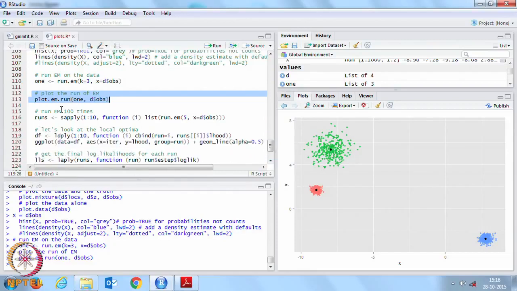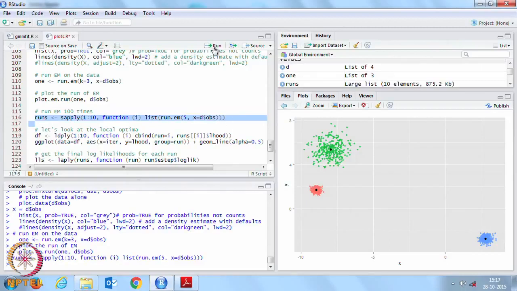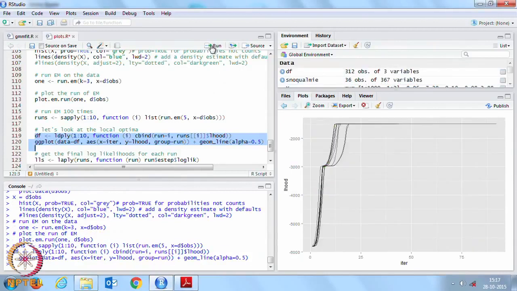Okay. And now let's run it 10 times. And plot it. So, I ran EM 10 times, and what I am plotting here is on the x axis we have iterations, and on the y axis we have the likelihood.